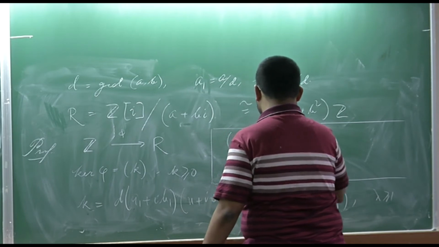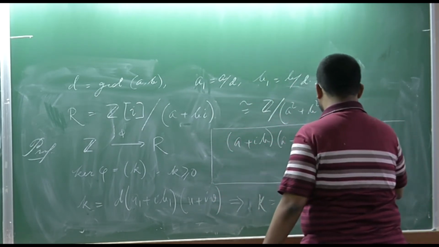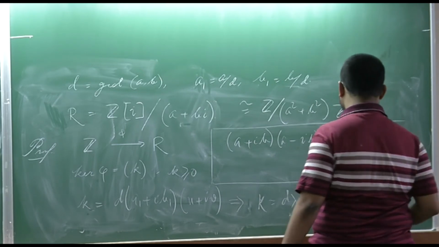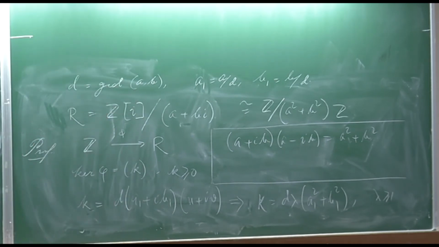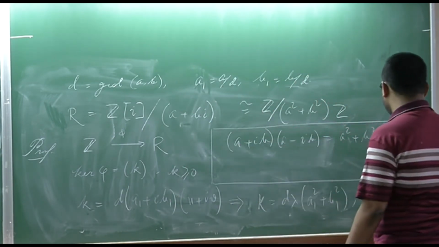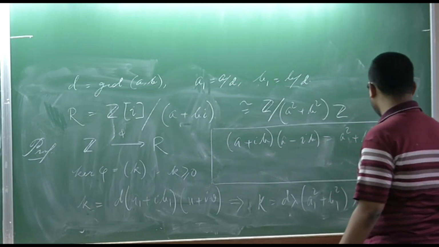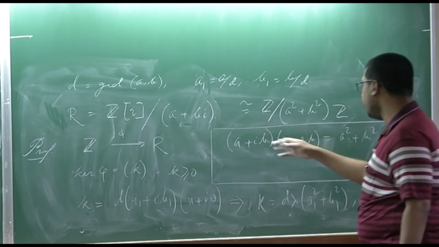So, I will just give you the sketch, because it is just a manipulation, and a plus ib times a minus ib is basically a square plus b square. This also belongs to the ideal, right. This also belongs to the kernel, no? Yeah, this belongs to the kernel.